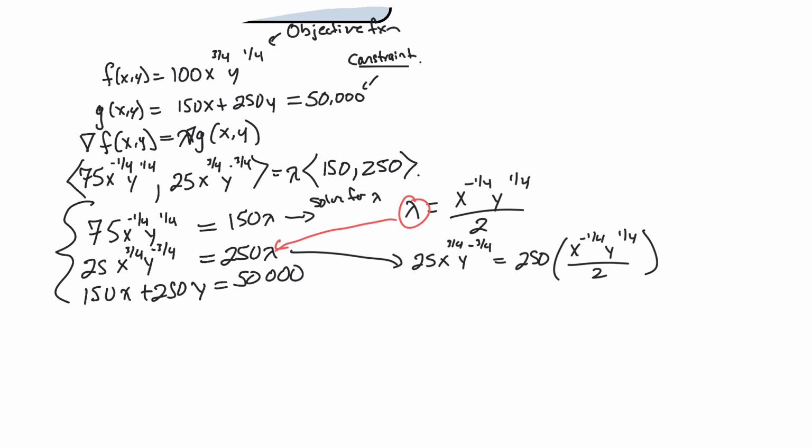So by some simplification, let's see, we multiply both sides by x to the 1/4, and then y to the negative 1/4, just to move x and y over.